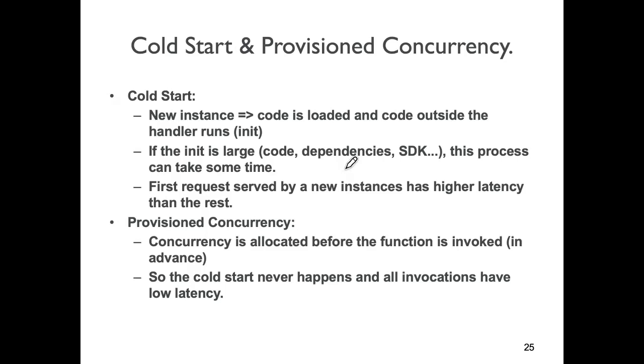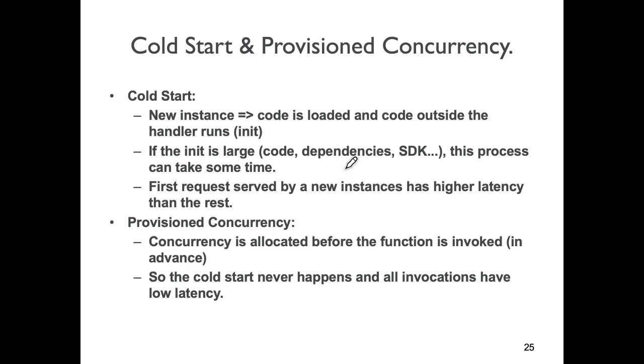But in this second case, it does not execute the initialization code, because any connections that were formed are still there. It's only going to execute the handler function itself. It's not going to run the initialization code. And so that is referred to as a warm start for the processing of that second event.